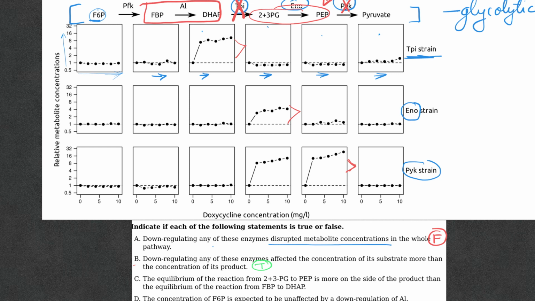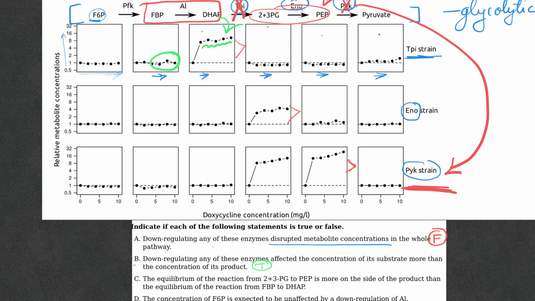Okay, now this is where we are blocking PYK. So for this we have to observe this line, and this is where we are blocking the TPI. So for this we have to observe this line. Okay, now what do we have to observe? We have to observe what happens. Okay, so you see when you have blocked the TPI pathway, the product is increasing, but the reactant did not produce a significant distortion.